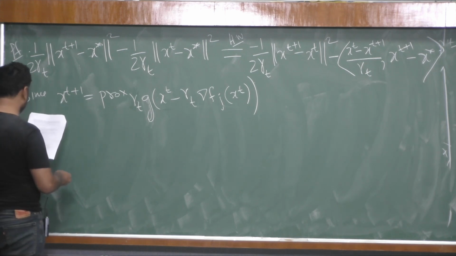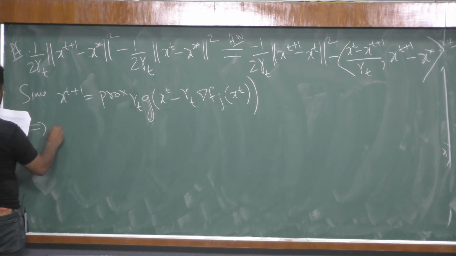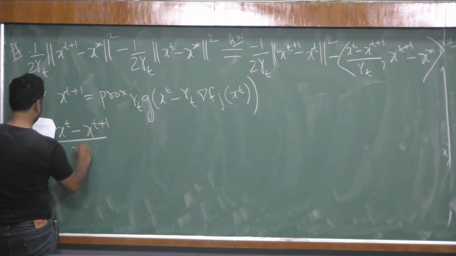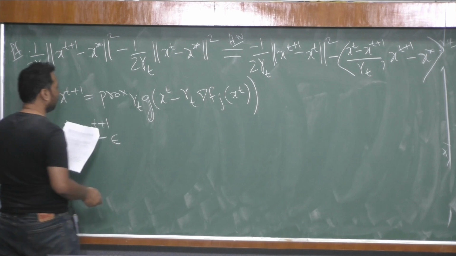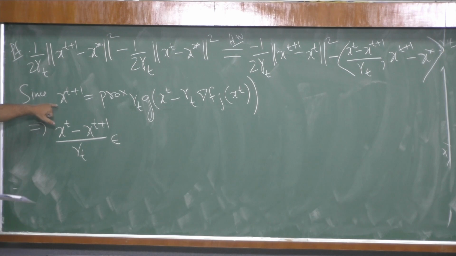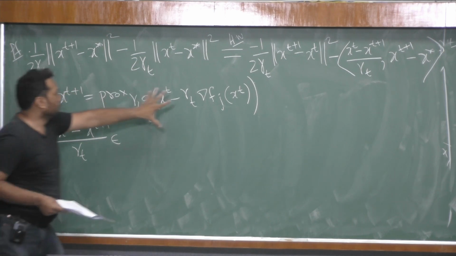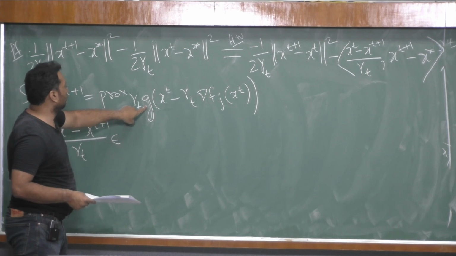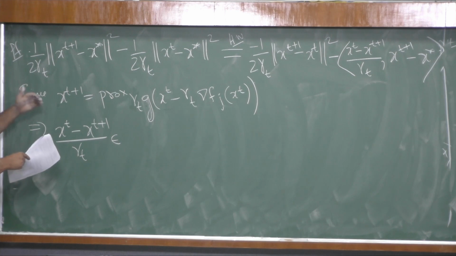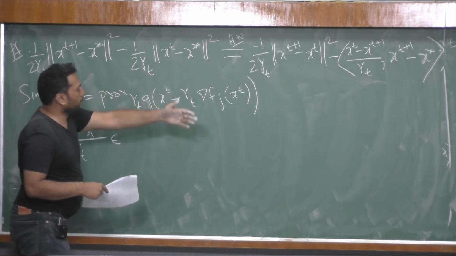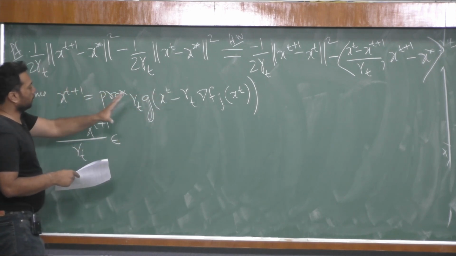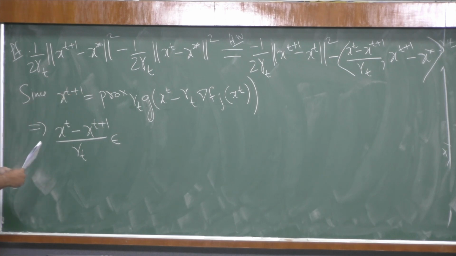So this implies that (x_t minus x_{t+1}) divided by gamma t is in the subdifferential, or in our case this whole thing is in the subdifferential. I did this in the last class. There is a little bit of simplification: this minus this is in the subdifferential of this, and then I do the algebraic thing where I keep grad f on the right, subdifferential on the right, and say (x_t minus x_{t+1}) divided by gamma t is in grad f_j x_t plus the subdifferential at x_{t+1}.